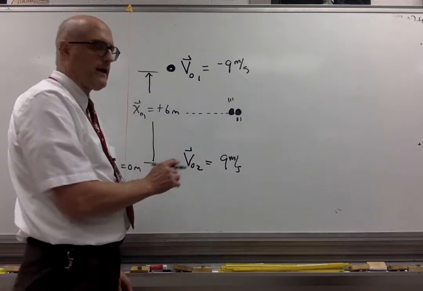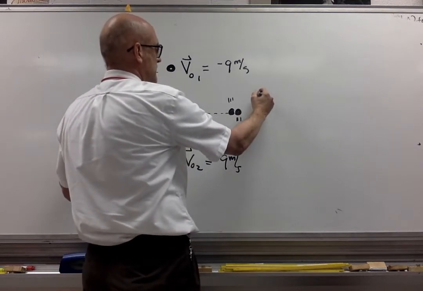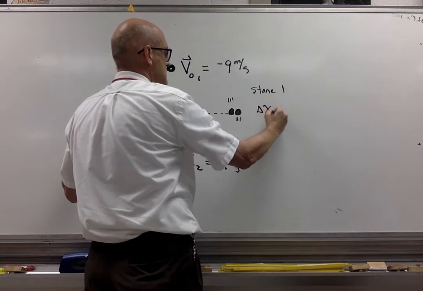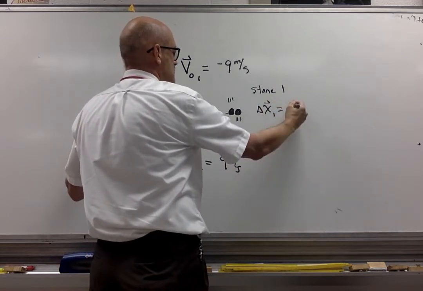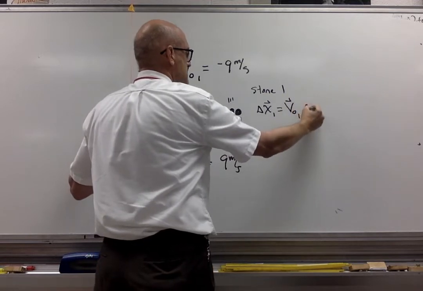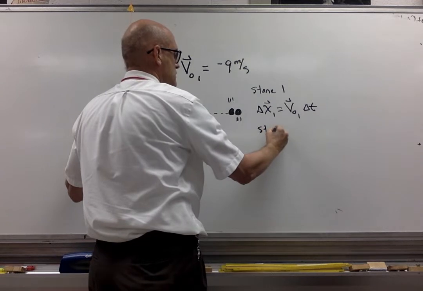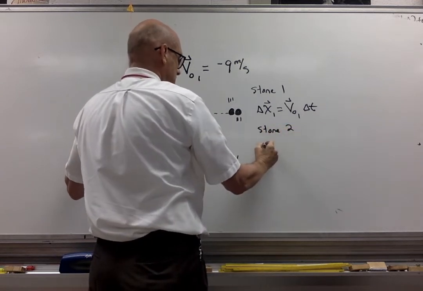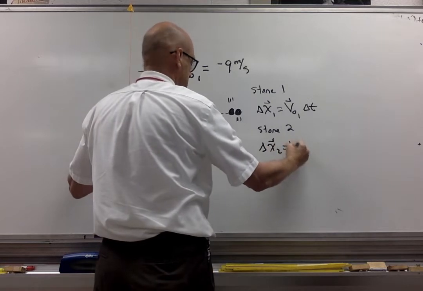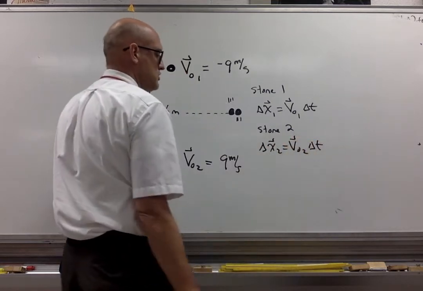To verify that, we can set up the following equation. Okay, for stone 1, we have delta x1 is equal to VO1 times delta t. There's no acceleration. For stone 2, we have delta x2 is equal to VO2 times time. No acceleration.